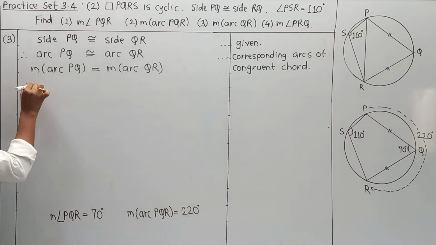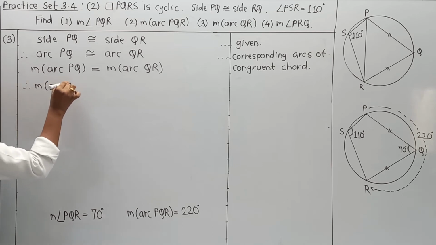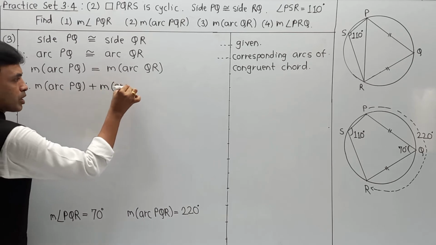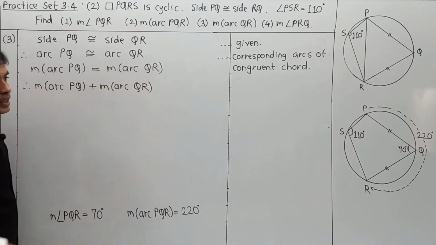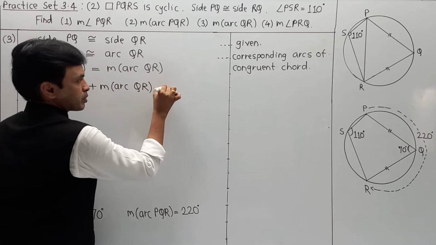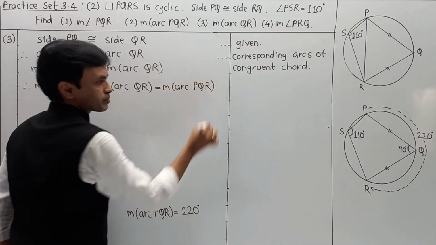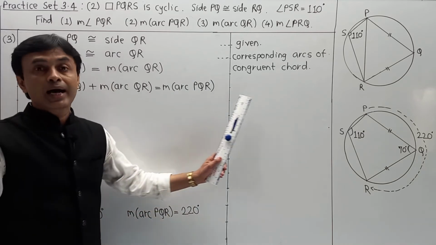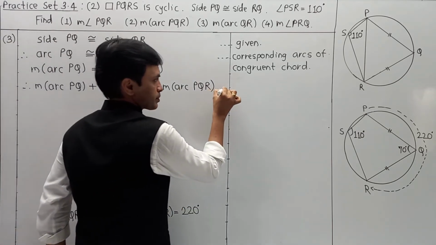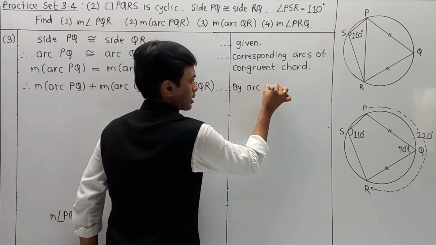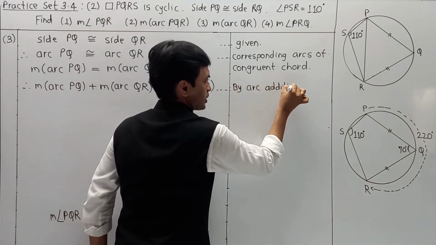Therefore major arc PQ plus major arc QR is equal to major arc PQR by arc addition property.